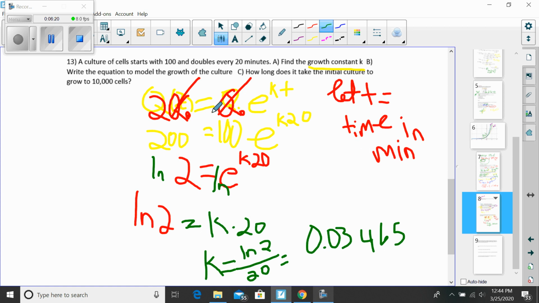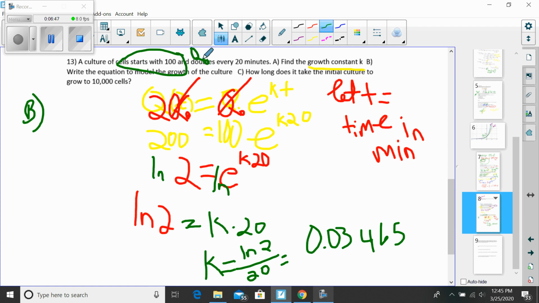All right, now for letter B, we're told to write the equation that models this. So if time 0 is this moment where I start with 100 cells, this is my Q sub 0. This is the point where I hit the stopwatch, right?